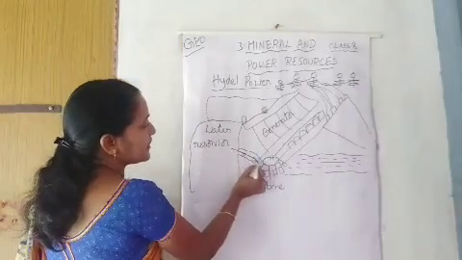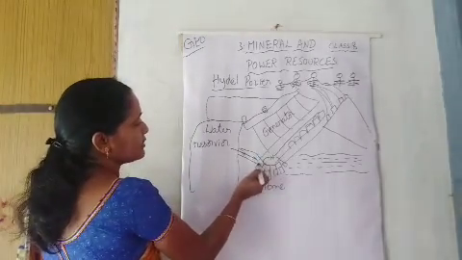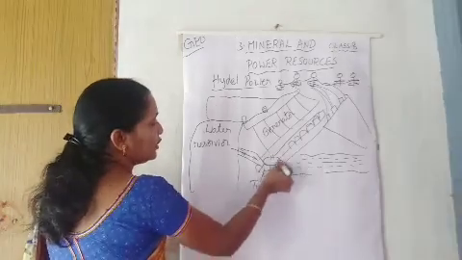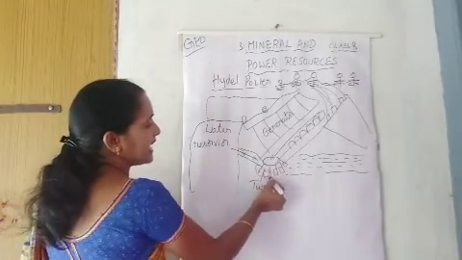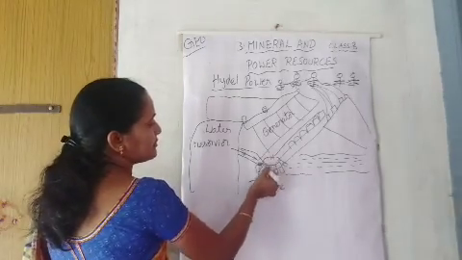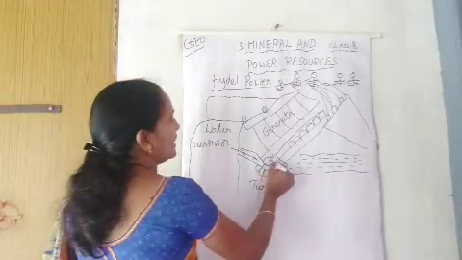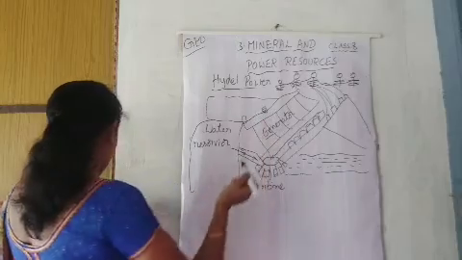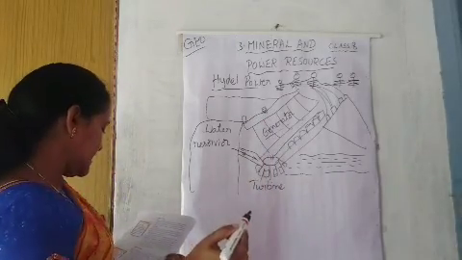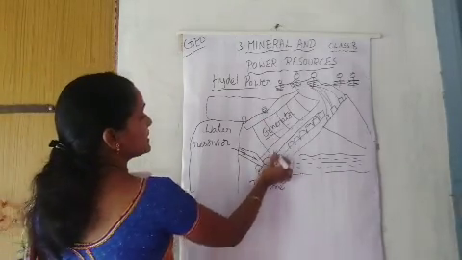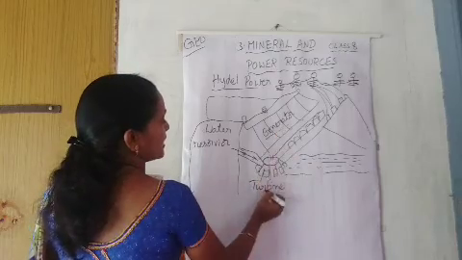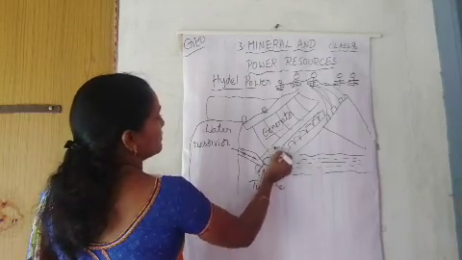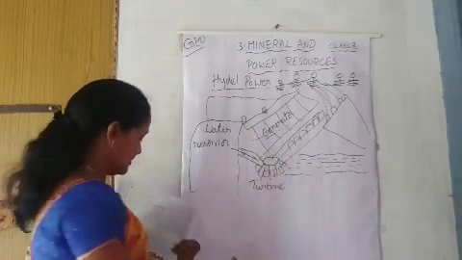This fast flow of water makes the turbine move. These blades will move and they will turn the generator.